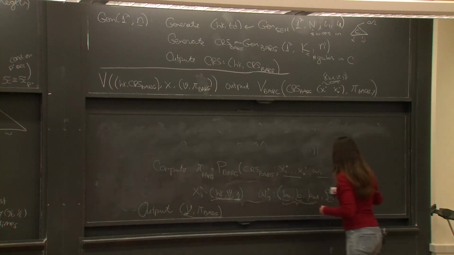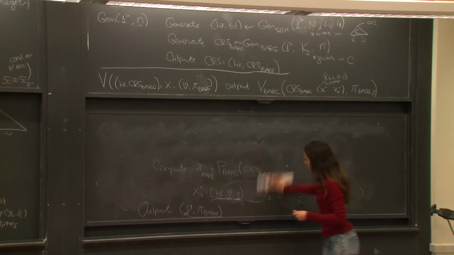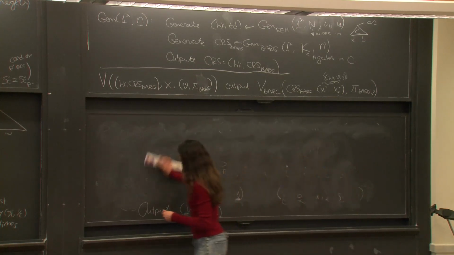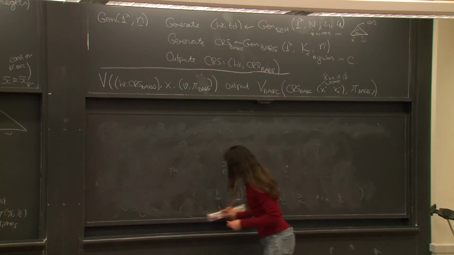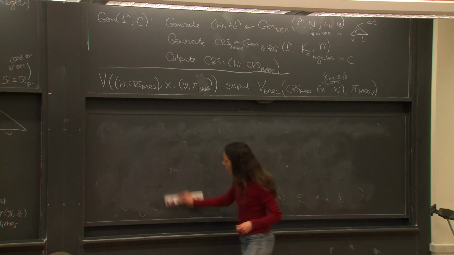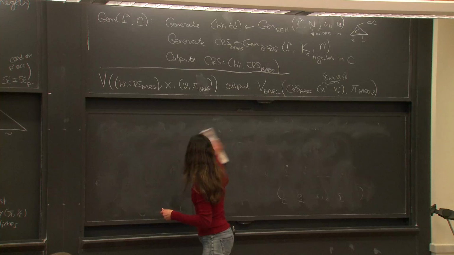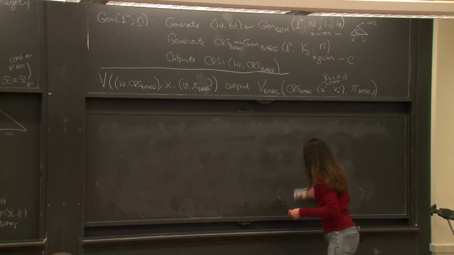Local consistency, I want to argue, follows from the soundness of the BARG. Why?